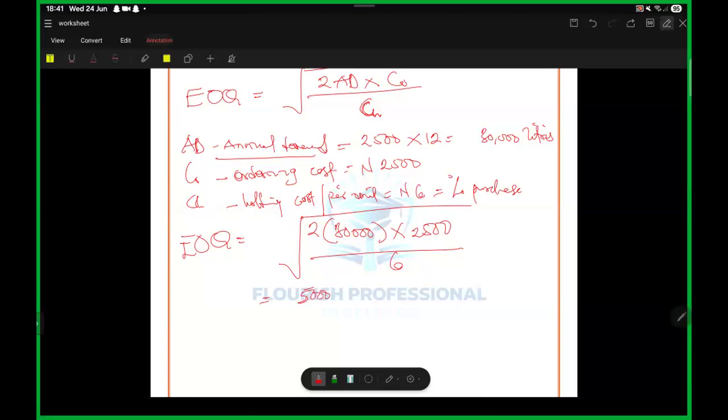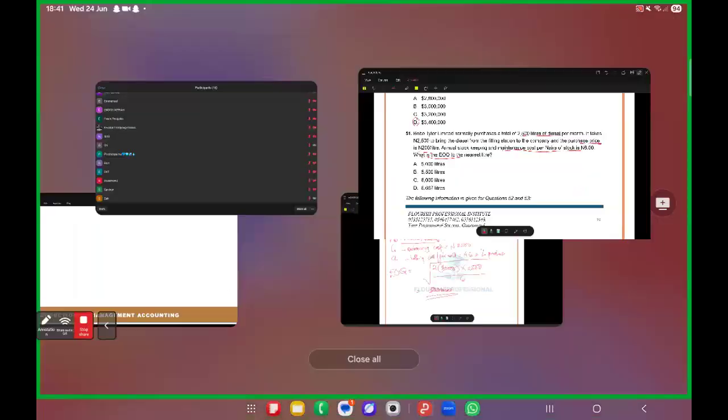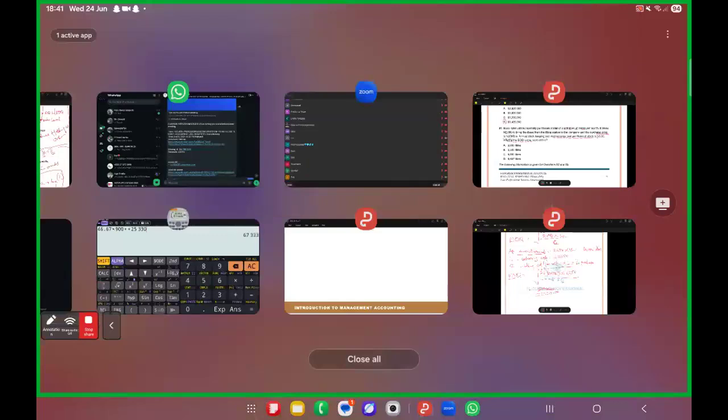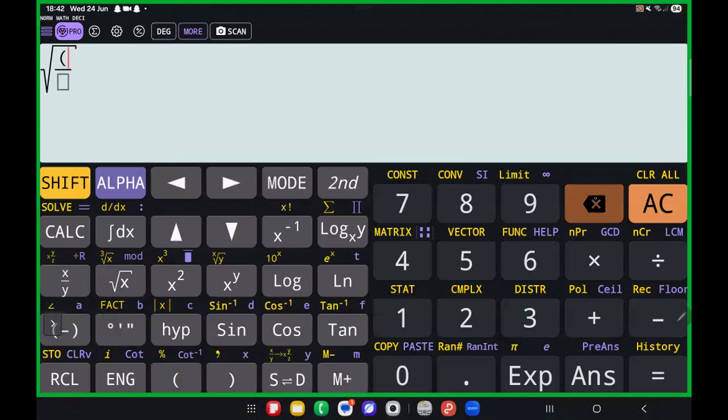Is it 5,000 liters? Let me calculate. We have the root of 2 times 30,000, multiplying 2,500, all divided by 6.